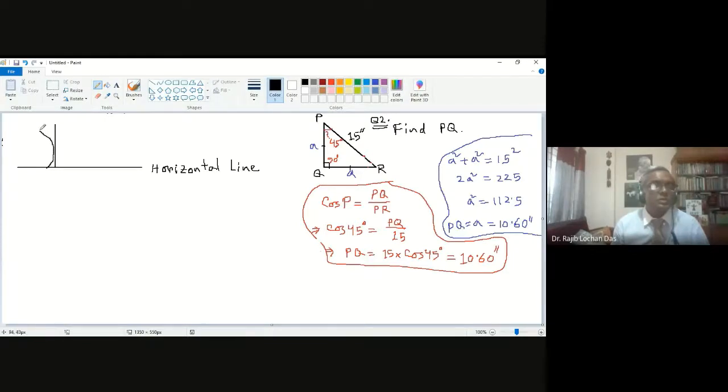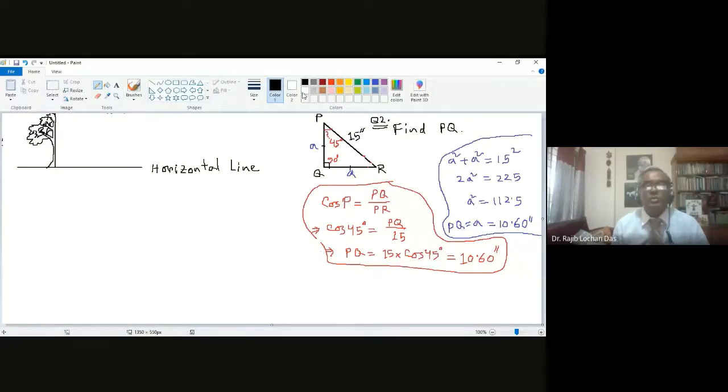Don't worry about my drawing. Say you have a tree like that. This is the highest point of the tree, and you have the ground.